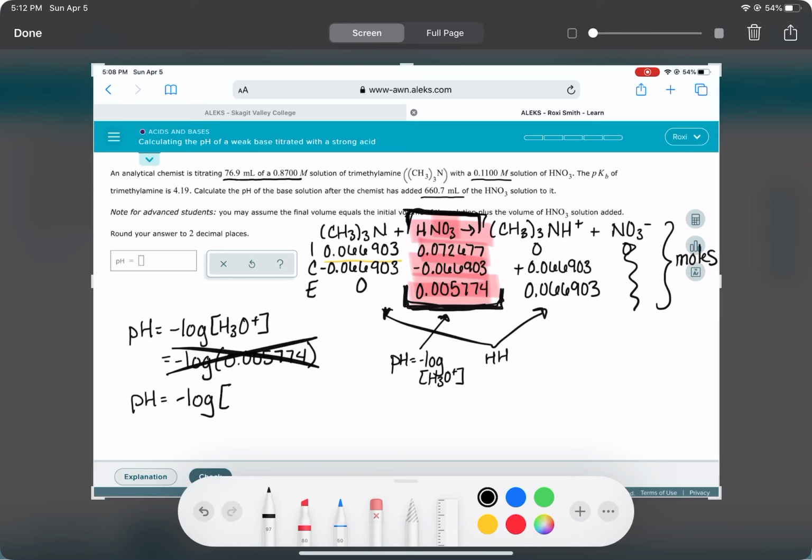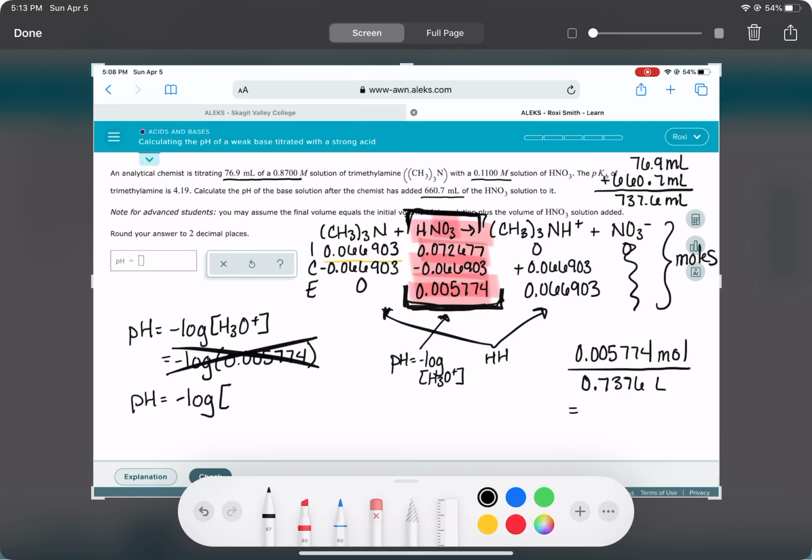So we have to take these 0.005774 moles and divide by the total volume of our solution, 76.9 milliliters and 660.7 milliliters. A total of 737.6 milliliters, or 0.7376 liters.